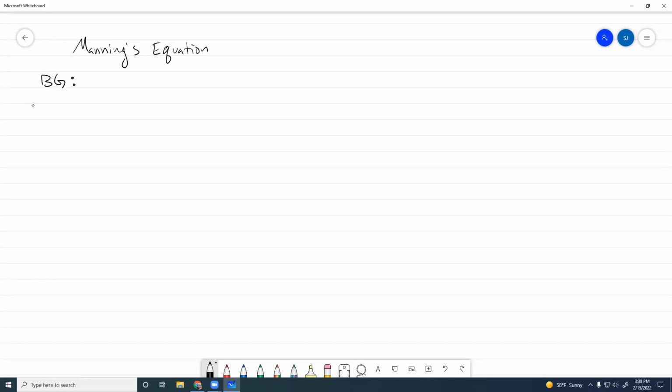It's pretty similar to the Hazen Williams, which was actually developed for pipes. We get velocity is equal to 1 over n, where n is the Manning's coefficient, times 1.49. This is for British gravitational. Hydraulic radius to the 2/3, and then slope to the 1/2. And this gives you velocity in feet per second.